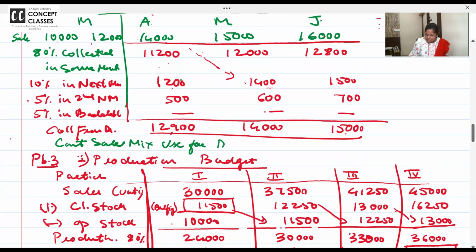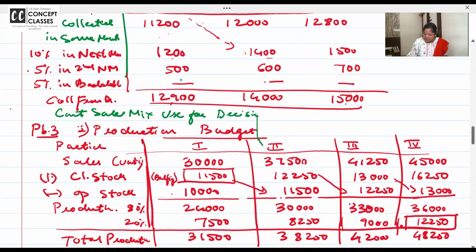Use for decision. Contribution per unit multiplied by sales mix. Clear to all of you? ये हमने देखा ना आज एक प्रॉब्लम है.